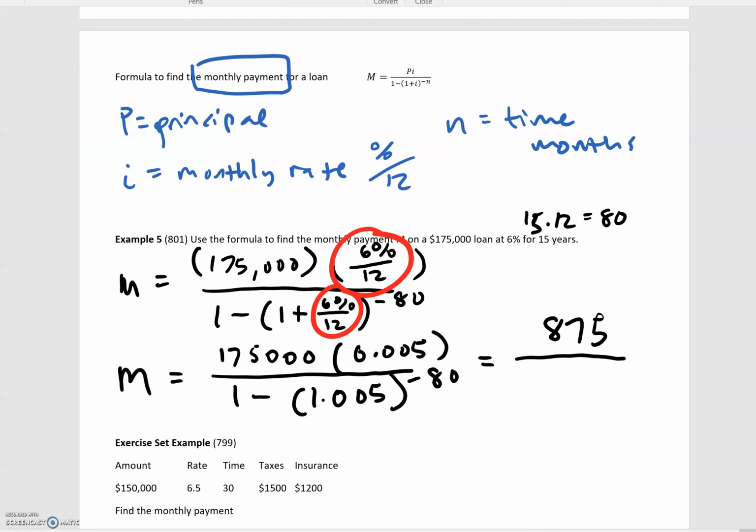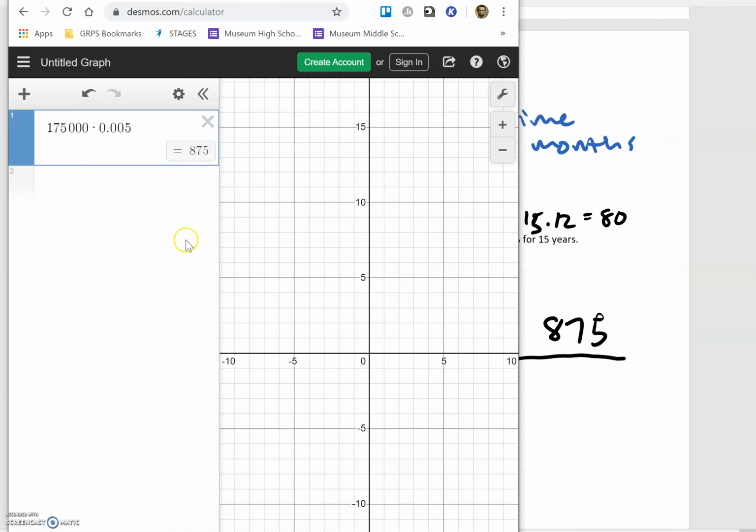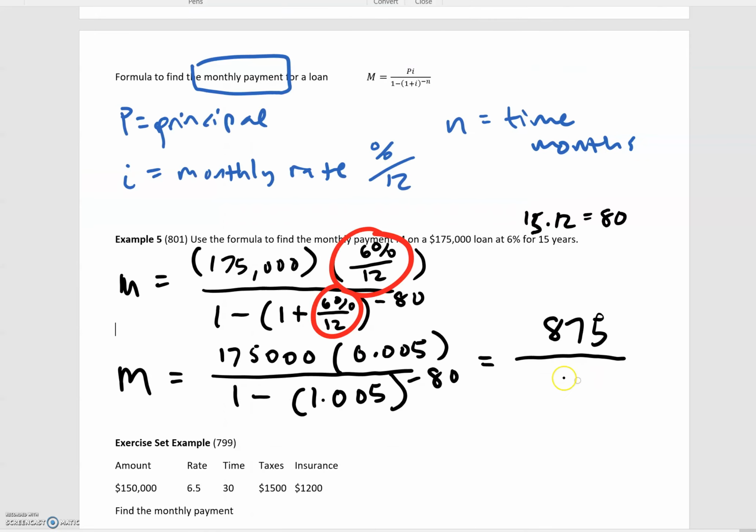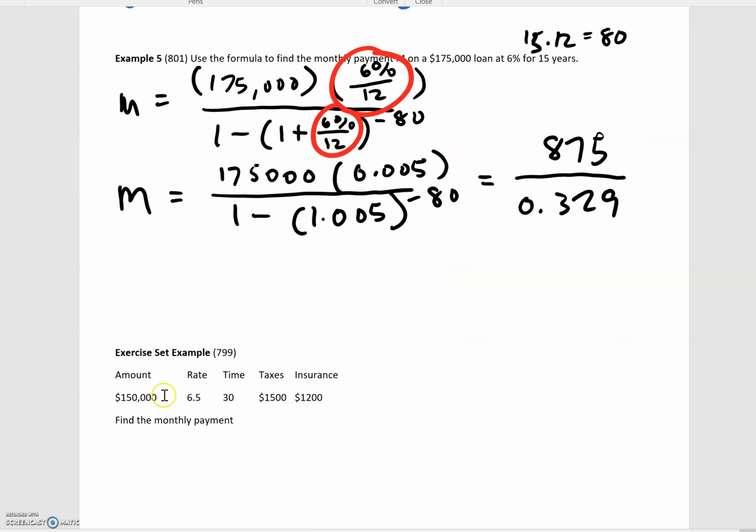My denominator is going to be 1 minus 1.005 to the negative 80. We can round probably to the thousandth, so the third decimal point here, and then we're going to be getting an approximate in the end. All right, so let's do this division, and then we'll get our monthly payment for this loan.